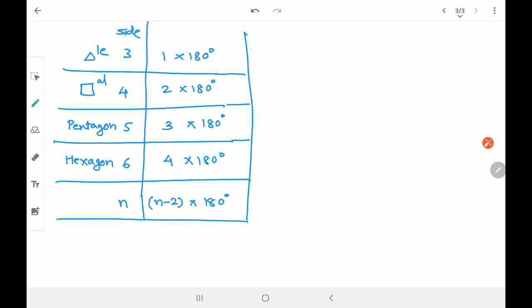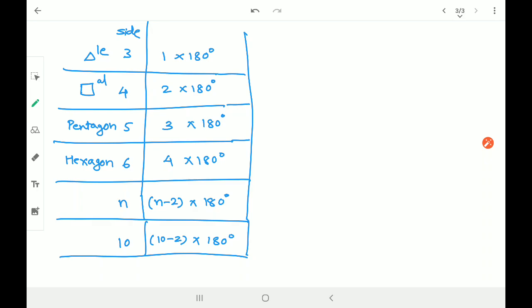Similarly, if I have 10 sides, it's called, I think, a decagon, right? So in case the number of sides is 10, it will be 10 minus 2 into 180, the angle sum of all the angles of the polygon. So it is going to be 8 into 180. Now it is going to be very simple for you: for any kind of polygon in front of you, you can easily find the angle sum of all the interior angles of that polygon.